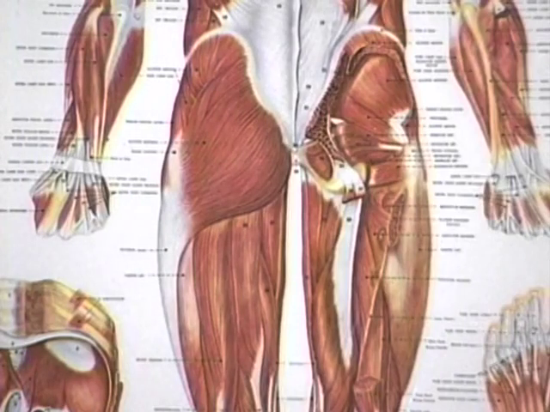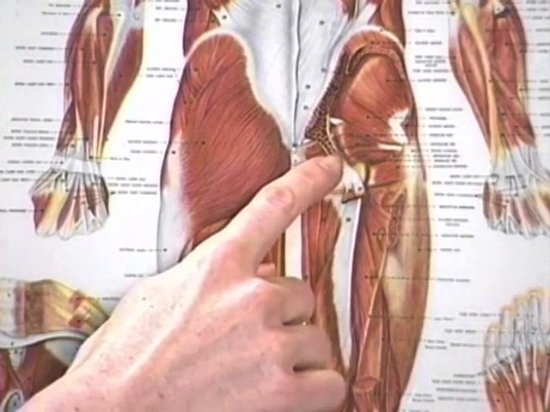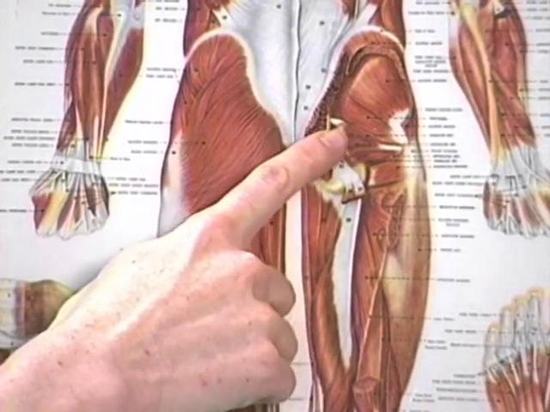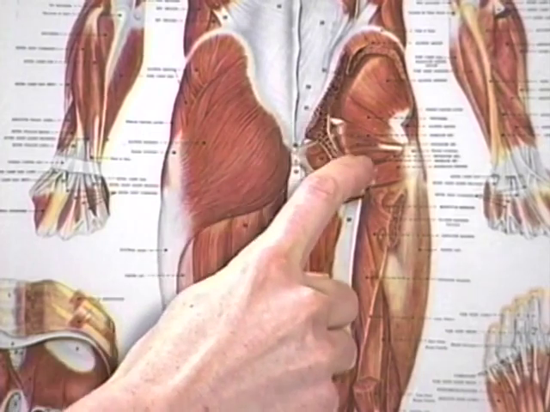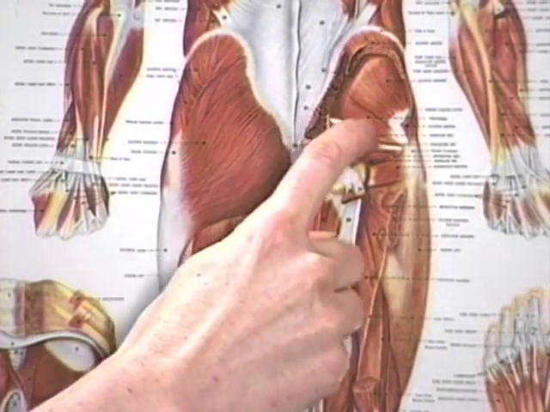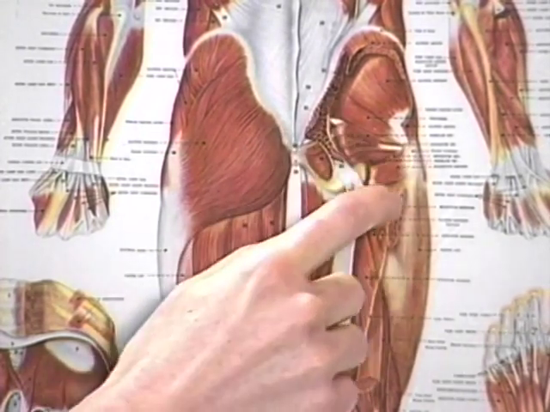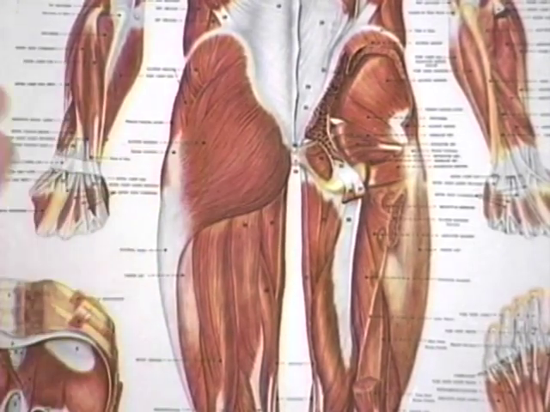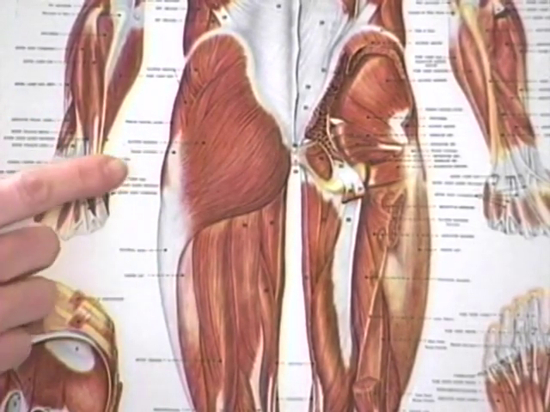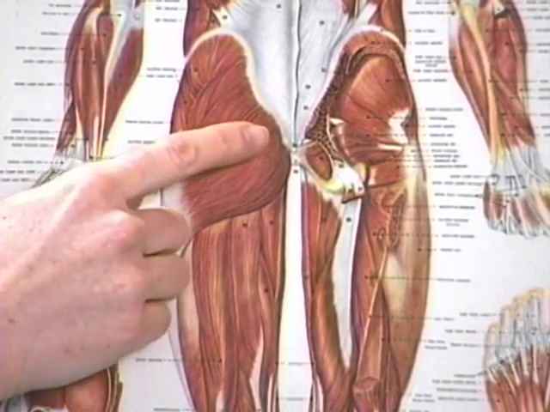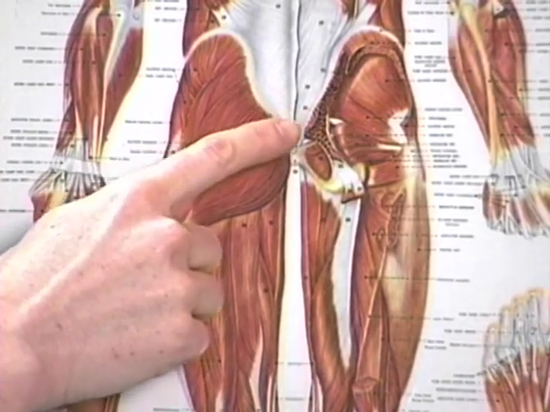I've grouped together the 6 deep lateral rotators of the hip because they all perform a similar function. However, I do want to point out on the diagram that the piriformis muscle, which lies above the other deep lateral rotators, right here, is the only deep lateral rotator that originates from the sacrum.